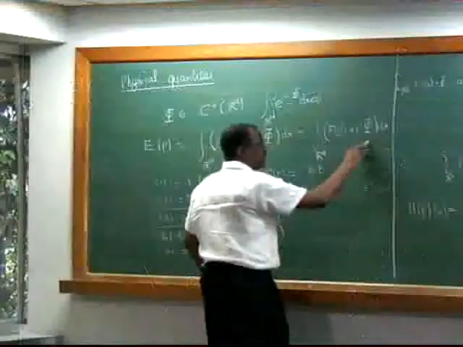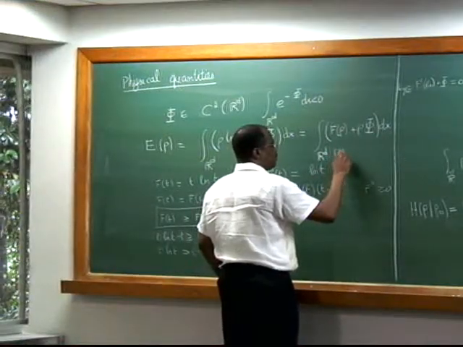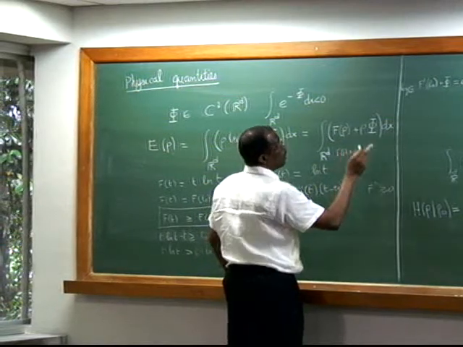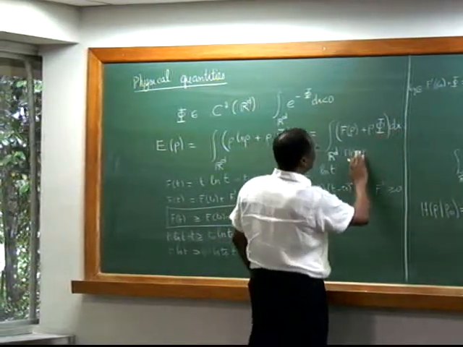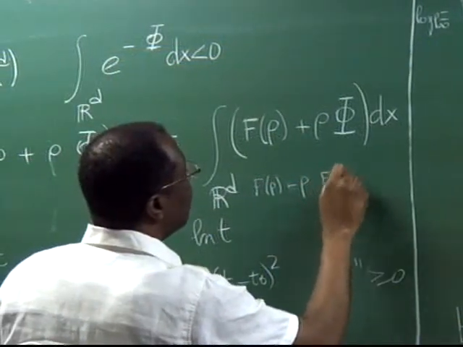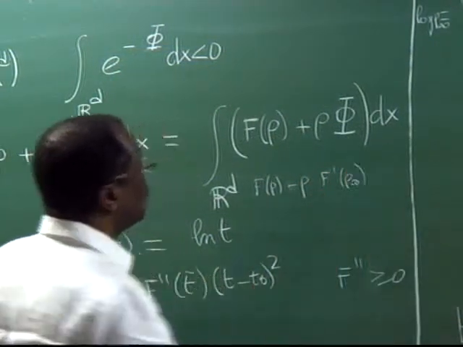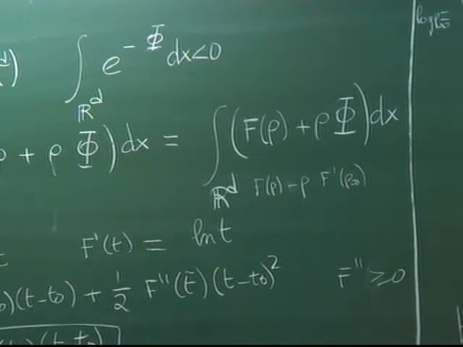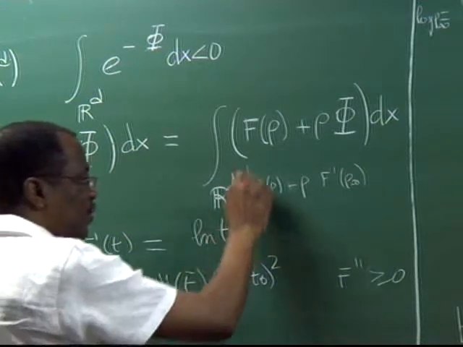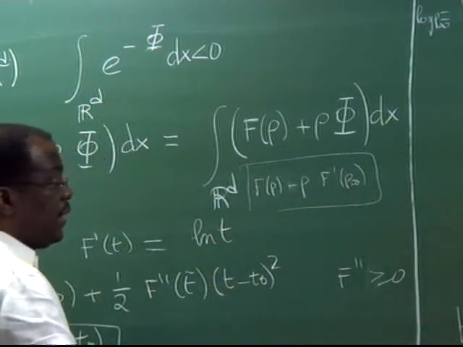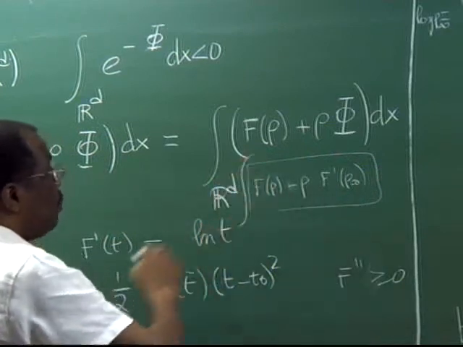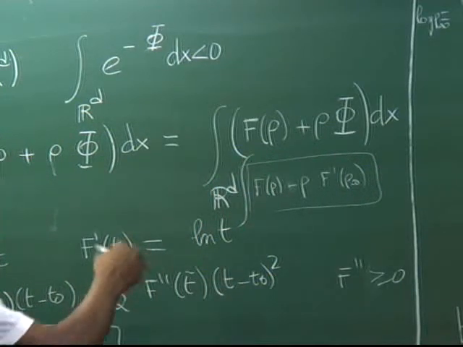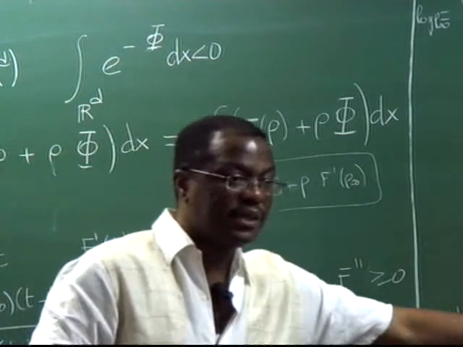It will be exactly this, which means f of rho plus rho phi minus f prime of rho infinity. It's the energy, or it's the same as the relative entropy. I don't think so. You miss. So for general f, this is the relative entropy. Yes, the integral. If you take f equal to this, and you make the computation, you will see that this is what you get.